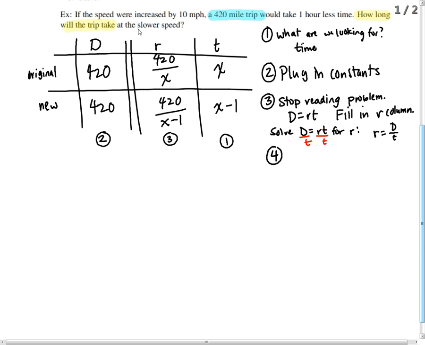Then I go back to my problem and I try to come up with a relationship for rate. So using the problem, we're going to write an equation for the last column we filled in. In this case, it was rate. Okay, so what does the problem say about rate?